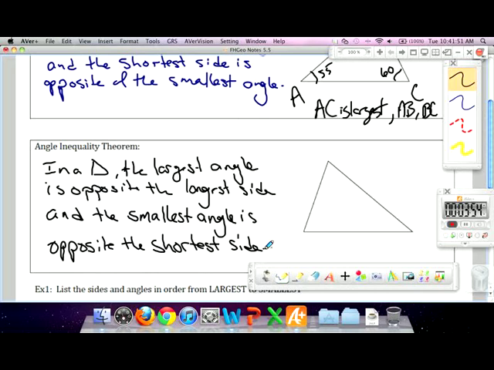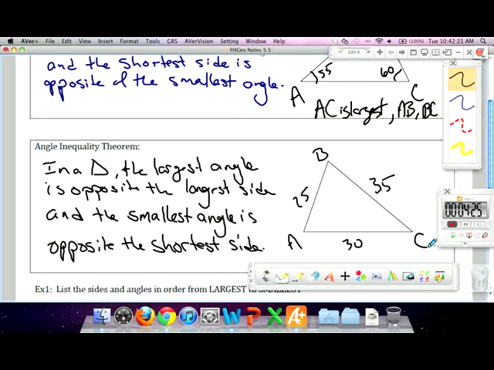So for example, if I said the sides are about 35, 30, and 25. We have lovely triangle ABC again. Where does the largest angle have to be? Which angle must be the largest angle? A. Why angle A? Because it's opposite of the largest side.